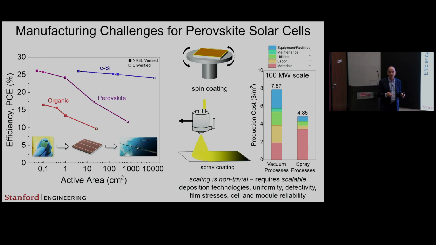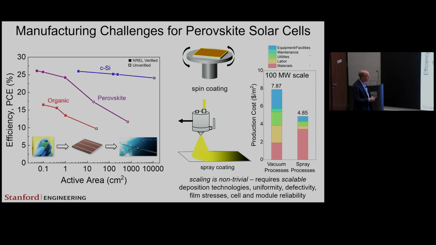You can have pathfinding for a new processor, and you can try to figure out as many of the defects and defect distributions as you can. But the minute you start scaling to thousands of wafers a week, that's when you start seeing the manufacturing defects, and that's when you start seeing the penalties in terms of efficiency. So the same thing is true for organic photovoltaics, for perovskites, and even for silicon.